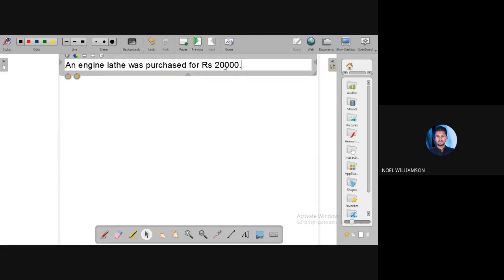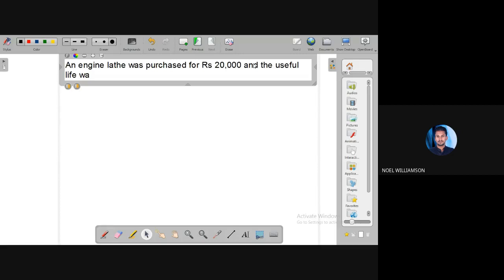The useful life was estimated at 10 years, and the scrap value is 5,000.